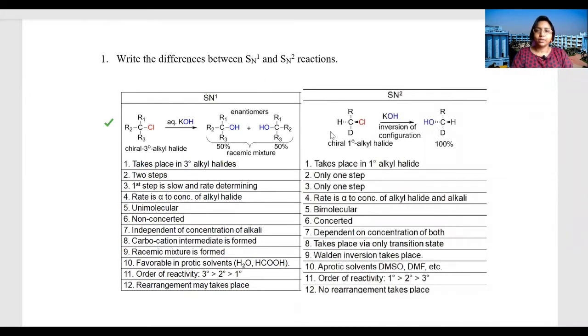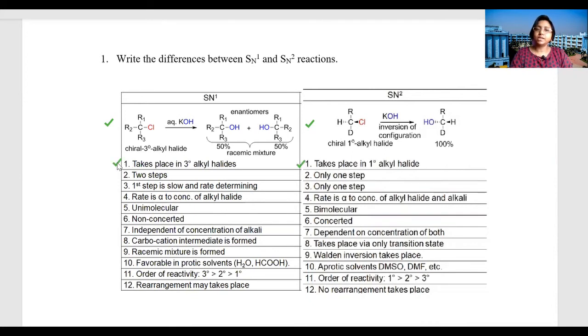Here you can give SN1, and this is for SN2. SN1 takes place in third degree alkyl halides, and SN2 takes place in first degree alkyl halides.